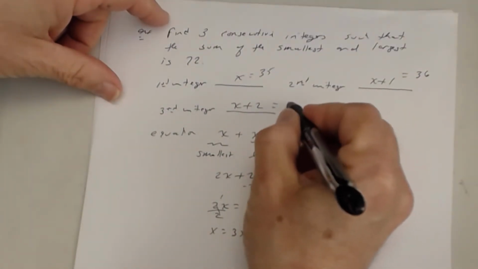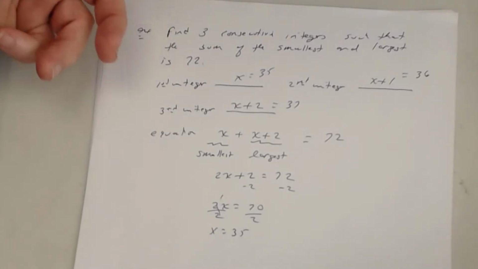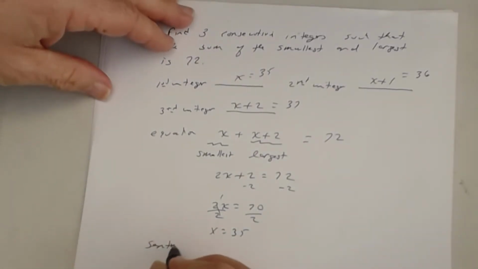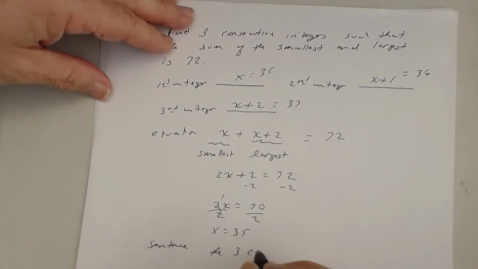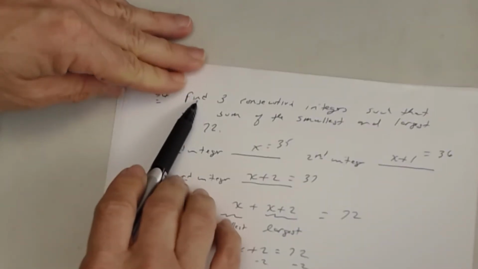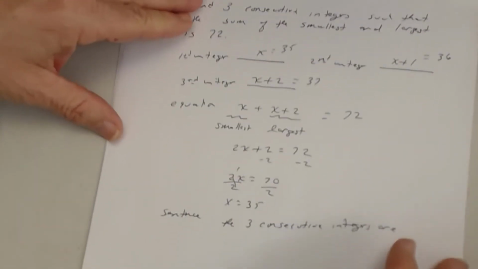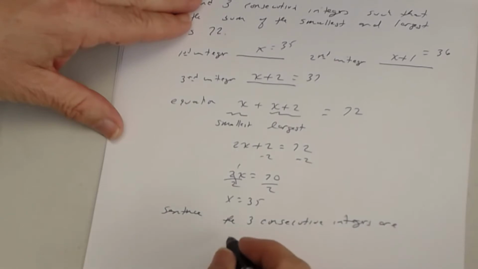The next one? 37, because 35 plus 2 is 37. And so your sentence, you can just say the three consecutive integers are... You wouldn't just put the largest and the smallest. That's not what it's asking. What does it say? Find three consecutive integers, okay? So the three consecutive integers are 35, 36, 37.